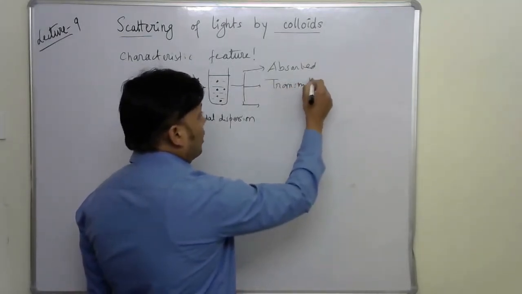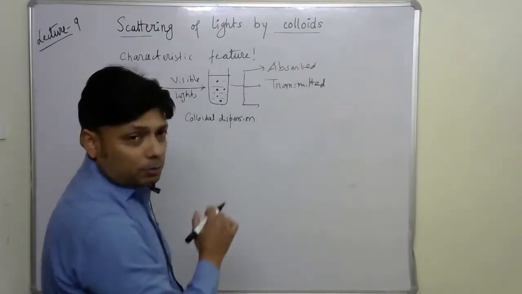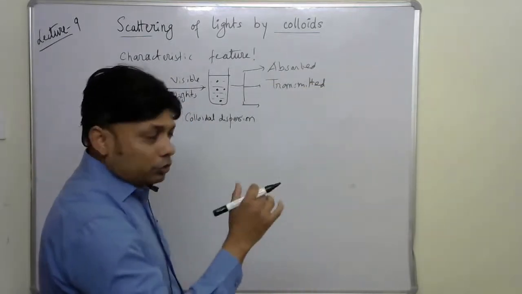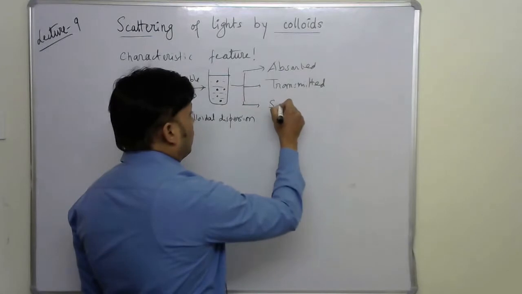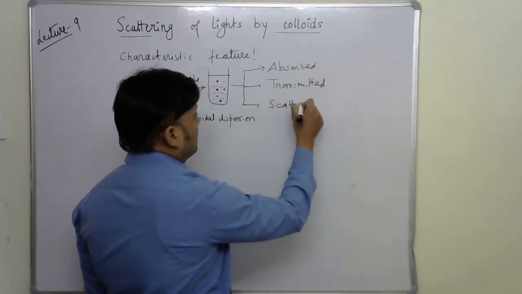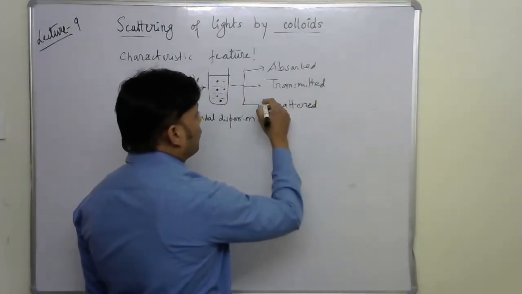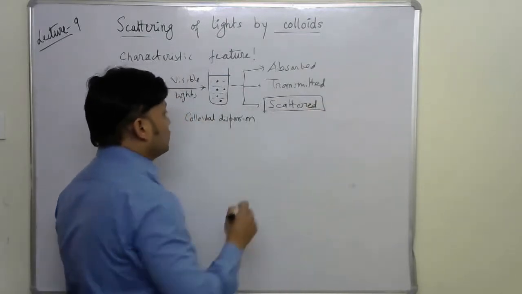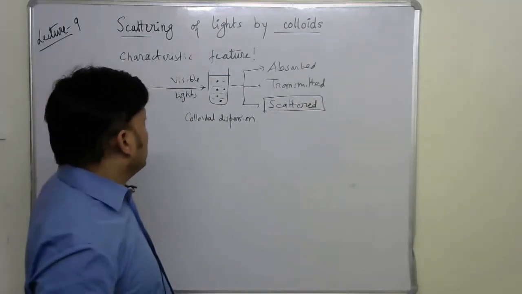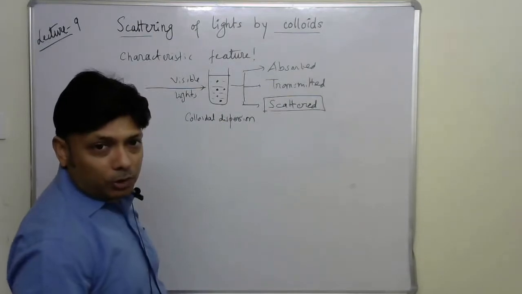We call it the transmitted light. So a portion gets transmitted, and the third portion undergoes scattering. So there is a significant amount of scattered light when visible light is incident upon a colloidal dispersion.